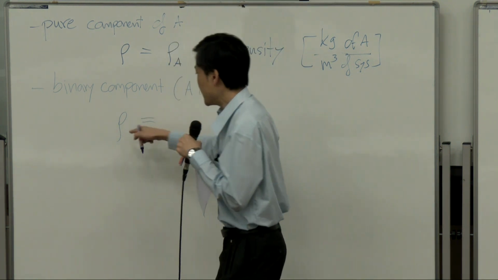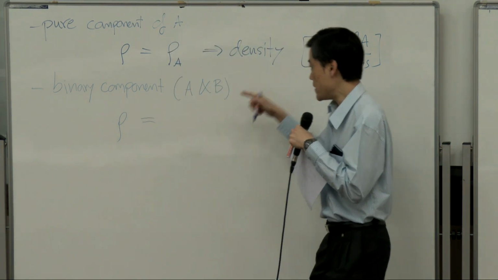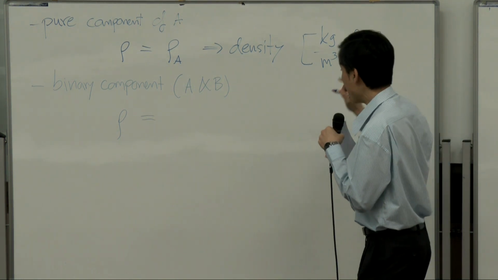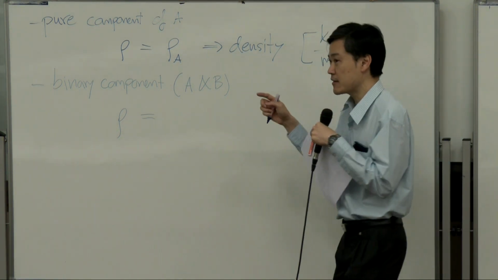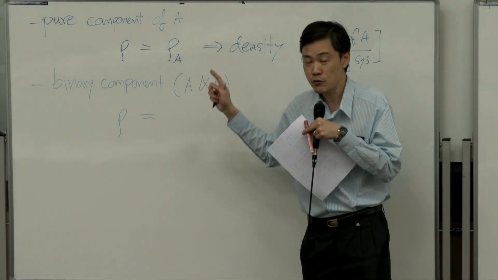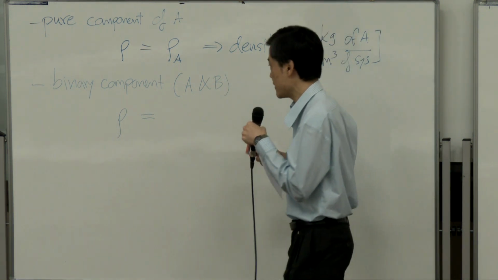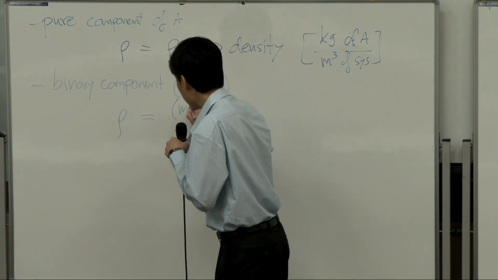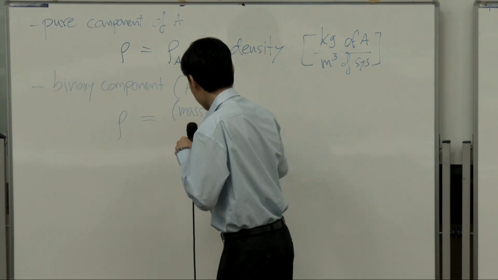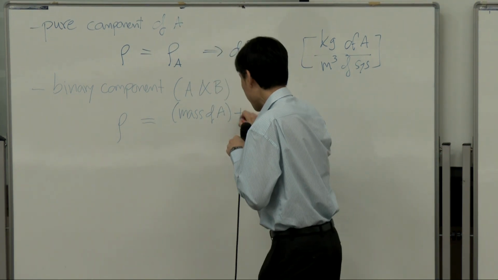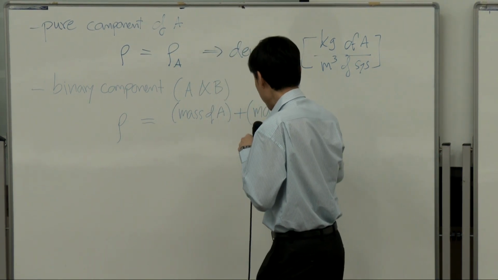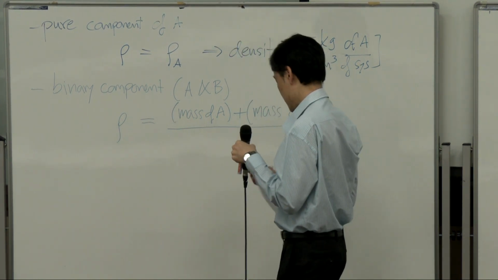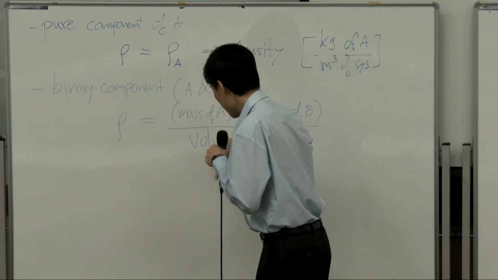Mathematically, this density will still be mass over volume. But the mass here is supposed to be the mass of A and B together. All right? So I can say that this density would be mass of A plus mass of B over the volume.